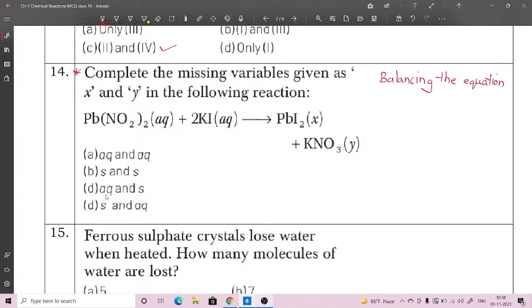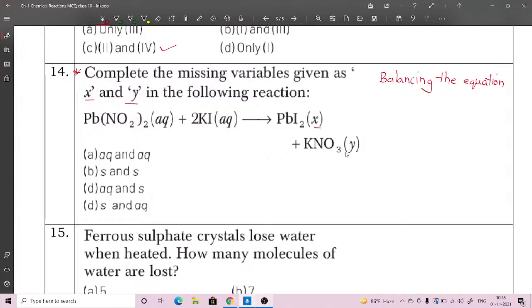We have question number 14. In this particular reaction, it's not about balancing. Here you are going to write what x and y are. Sorry for this. X and y in this case are the physical states of the compounds. Lead nitrate is aqueous, potassium iodide again aqueous, gives you PbI2, that is lead iodide, and KNO3, potassium nitrate.